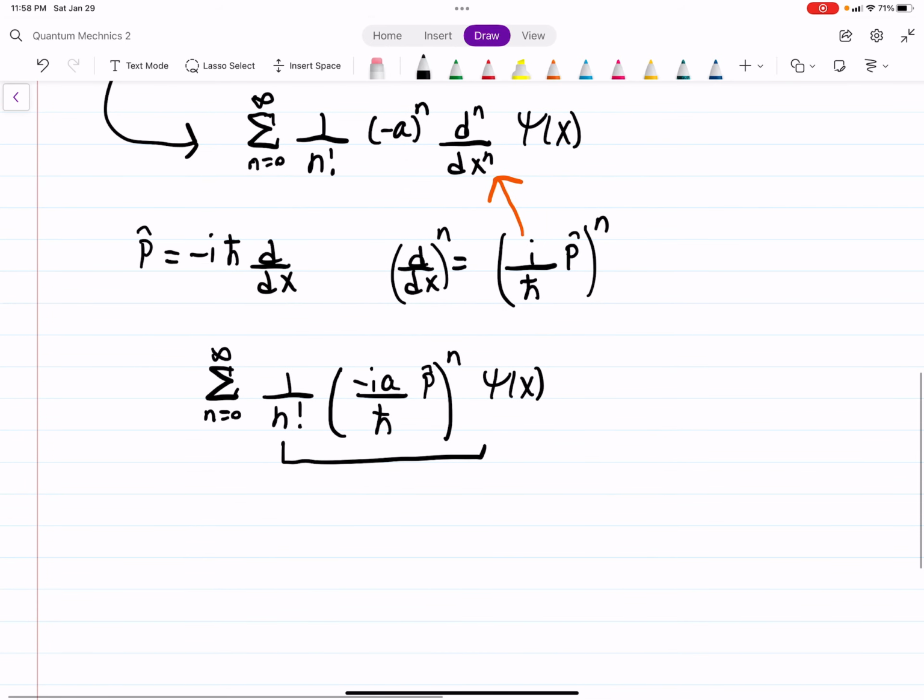And this series is e to the whatever is in here. If this was just an x, then it would be e to the x. But we obviously have more, so it's e to the minus i a p hat over h bar.